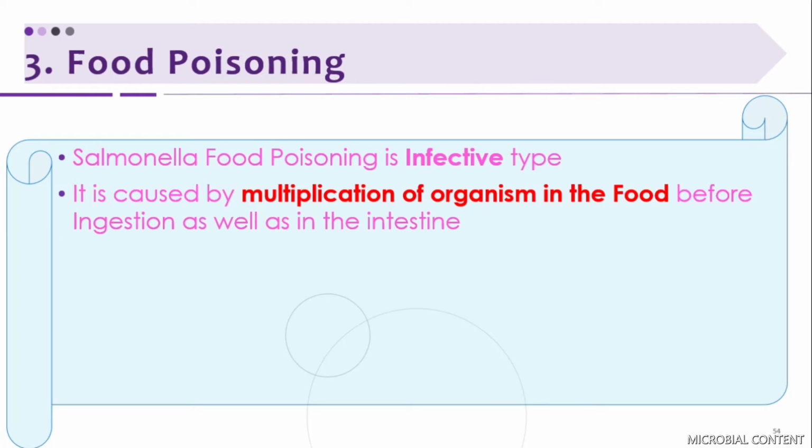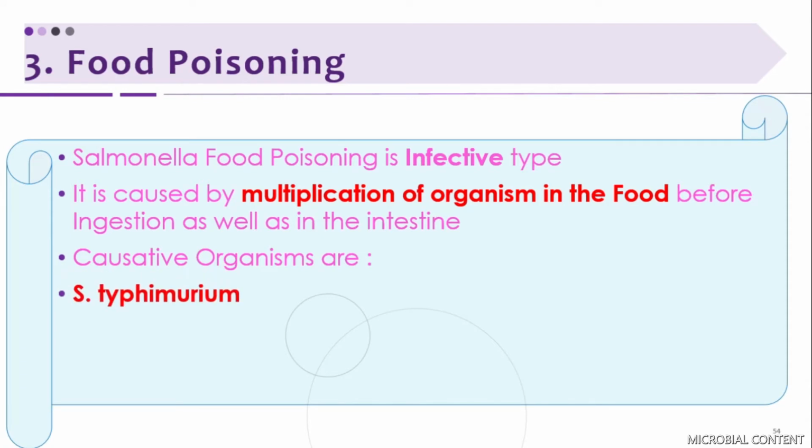The causative agents are mainly S. typhimurium, then S. enteritidis and S. Newport. Although I have mentioned various types earlier, the most common is Salmonella typhimurium, the major cause of food poisoning by Salmonella species, in addition to enteritidis and Salmonella Newport.